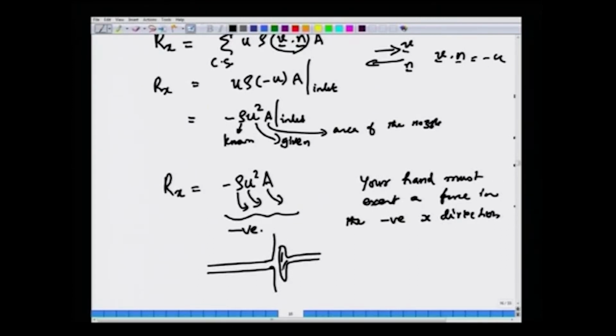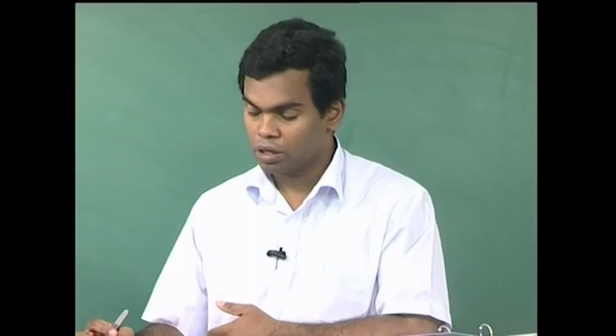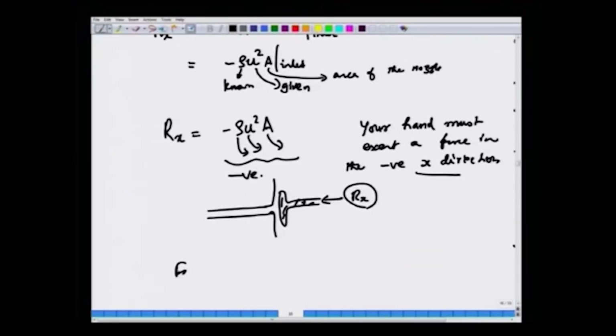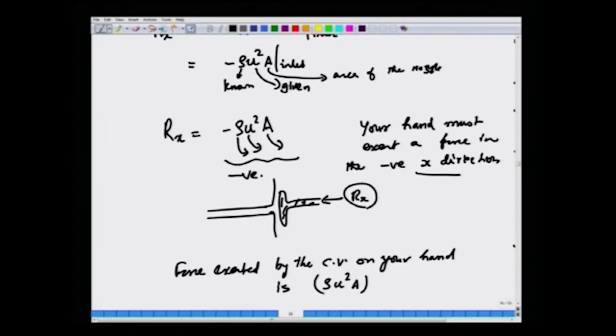In order for you to keep the solid surface stationary, you should of course resist it with a force in the minus x direction. So, that is clear. The force exerted by the CV on your hand is the negative of R x, which will be rho u squared A. That is the answer.